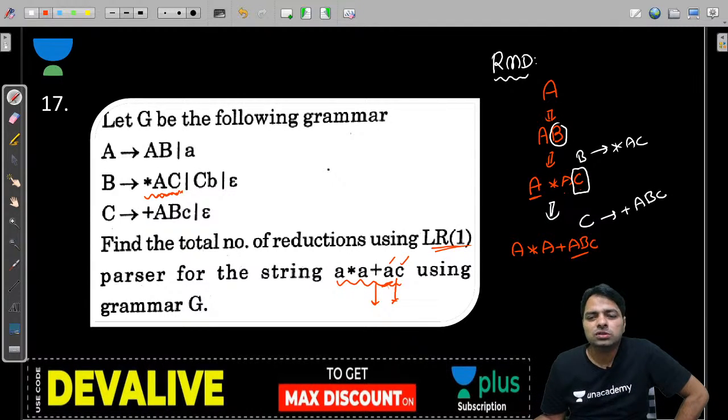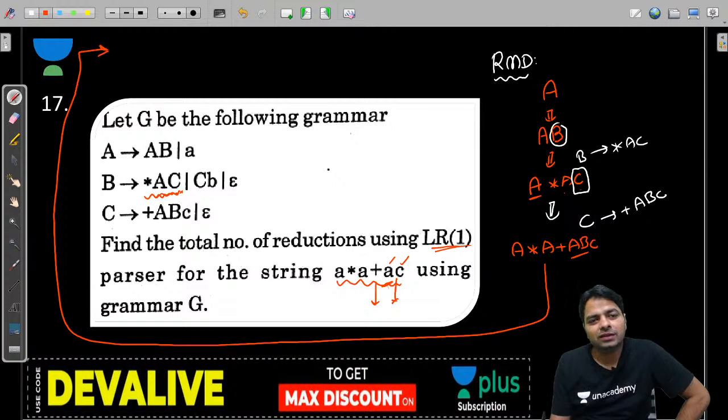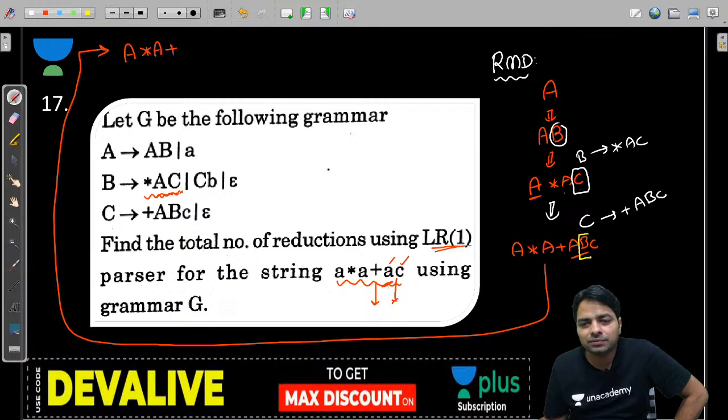Okay, I need some space, guys. I'm just going to get A star A plus. Now you have to substitute this B, and that is A star A plus A. B is epsilon, so you can't see that anymore. So I'm going to substitute here B with epsilon.